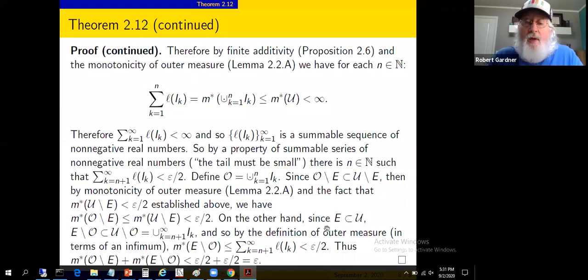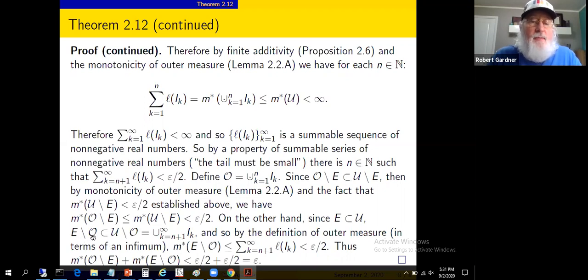On the other hand, E is a subset of U. So E set minus O is a subset of U set minus O, where O is the union of the first n. U is the union of all of those intervals. So when I do the set subtraction, you're just left with a tail, and you know the tail is going to be small.